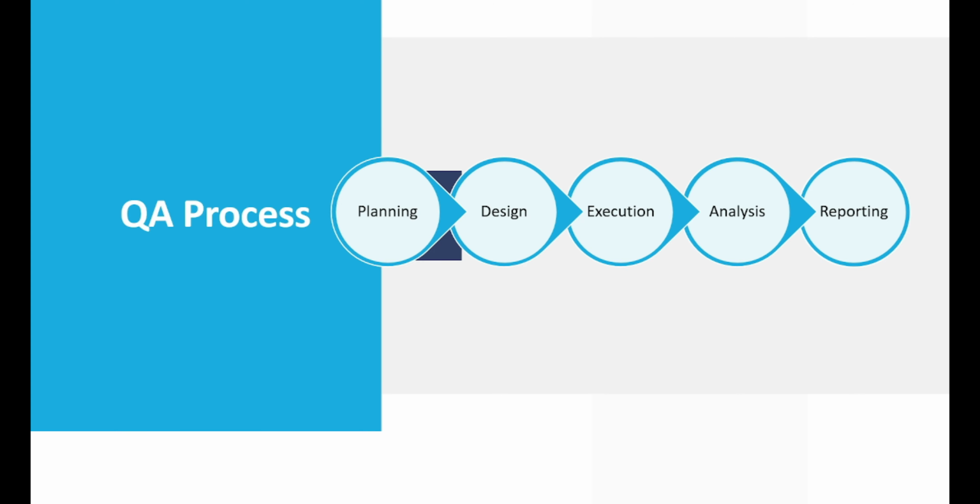Under planning, software creation begins with the requirement analysis. After analyzing the requirements, the development team starts the coding and develops a few areas of the system. After the system is developed, the QA starts to test.